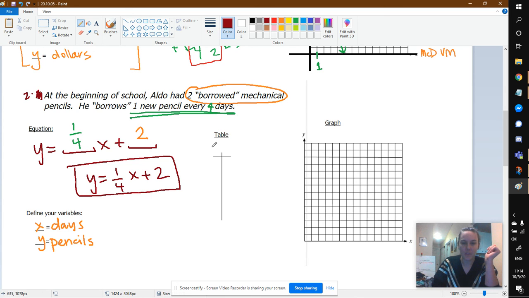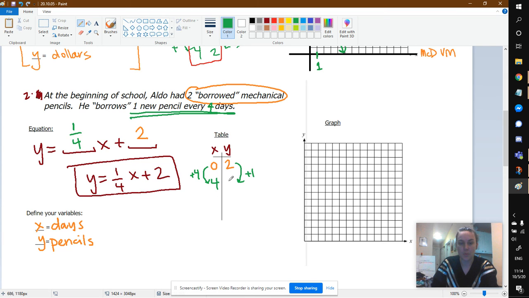If we have instead a table, our starting point is at 0 days. He has 2 pencils because, again, starting points always have x equals 0 and y is the thing that he starts with. And then the way we use the rate is we add 4 days when we add 1 pencil.